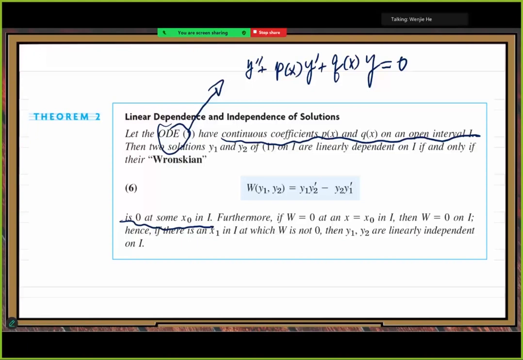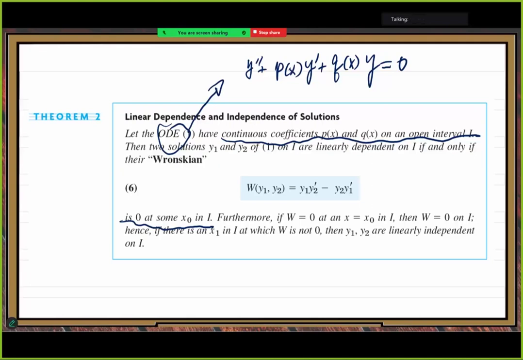So you calculate the Wronskian of these two solutions y1, y2. If you can find one point inside that interval to make W equal to 0, then you can say they are linearly dependent.